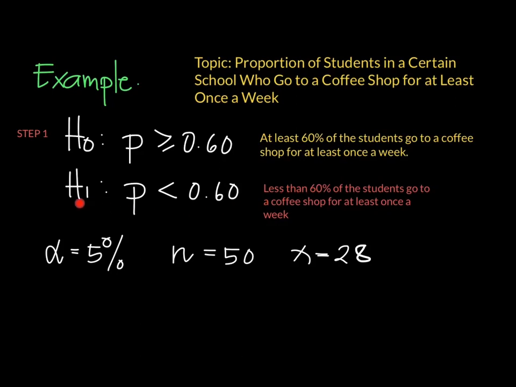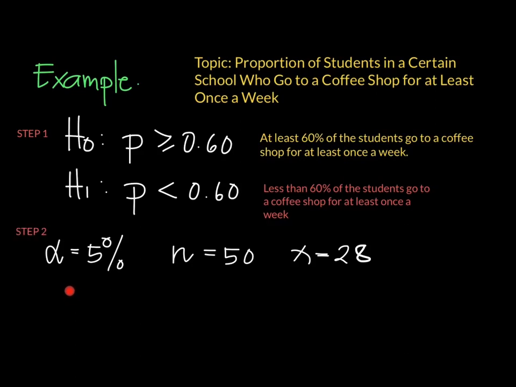So the alternative hypothesis for the proportion is that the proportion is less than 60%, or 0.60. So note how the symbols follow the rule on what contains the equal sign. Again, the H0 will always contain the equal sign, while the alternative hypothesis H1 will not have the equal sign.